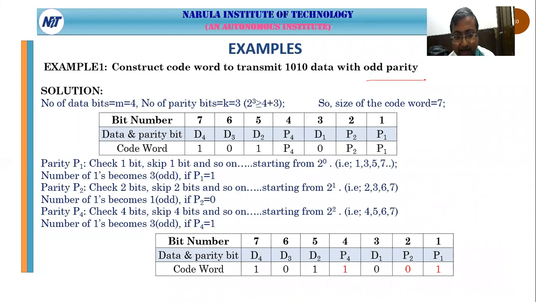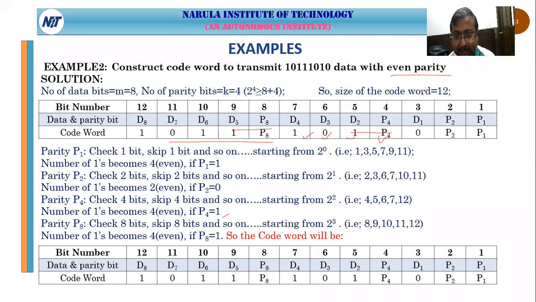Previously, this is the odd parity. Okay, so for this reason, all should be odd: 3, 1, and 3. For this, P1 is 1, P2 is 0, P4 is 1. But here in this example, this is the even parity. So all should be even. So then it is the 4.